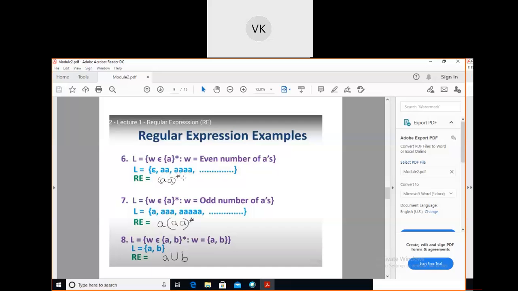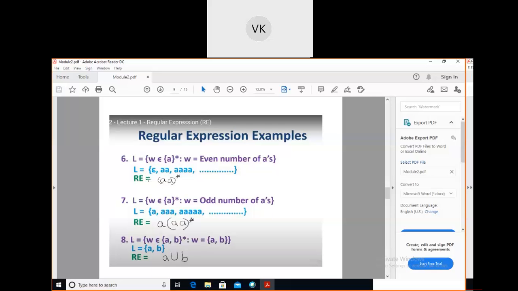If it is 4, 8 times will be. So star is 0, 1, 2, 3, 4, and so on. Star means zero or any number of times occurrence of the character, and here I have written AA.